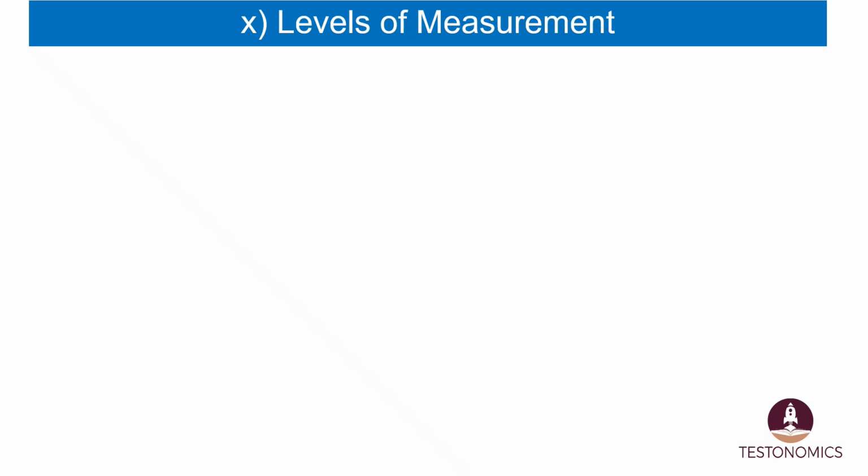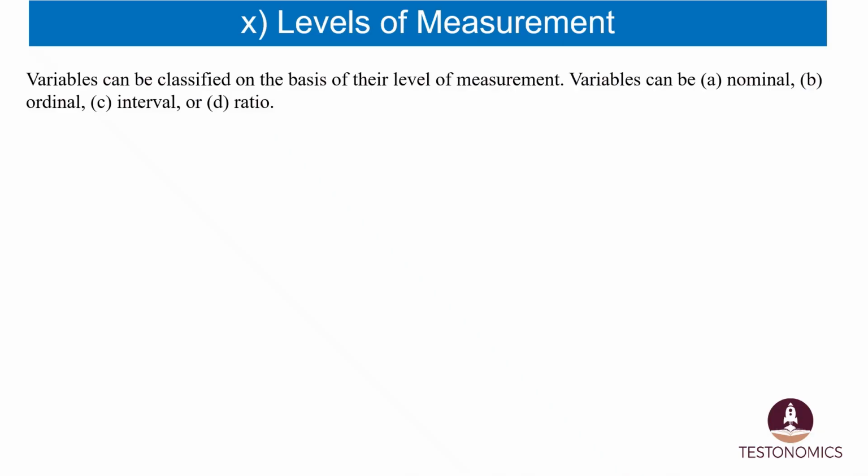Next is levels of measurement, and this is an important one because all the 9 other concepts that we have discussed before, we will be revising them, we will be revisiting them sometime during the course. But this 10th one, we will never revisit again. Hence, please make it a point to understand it well. Variables can be classified on the basis of levels of measurement.